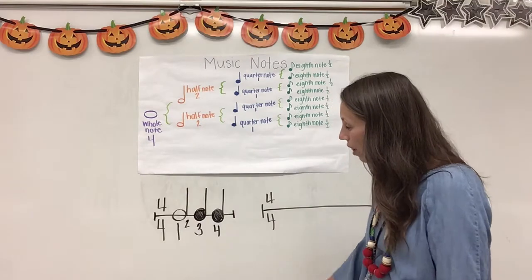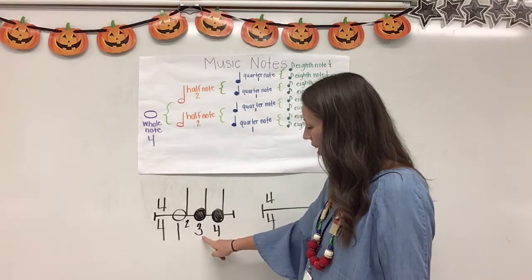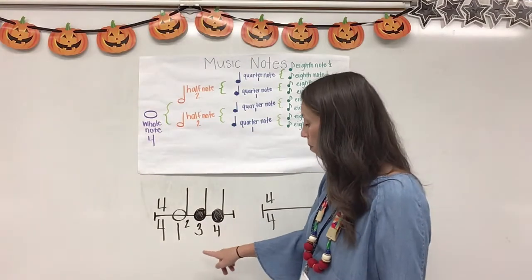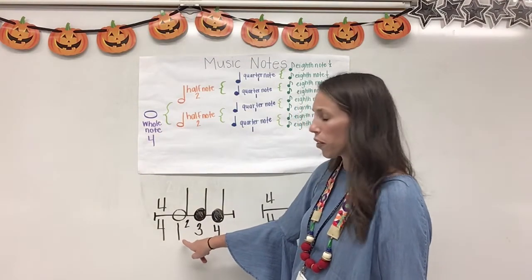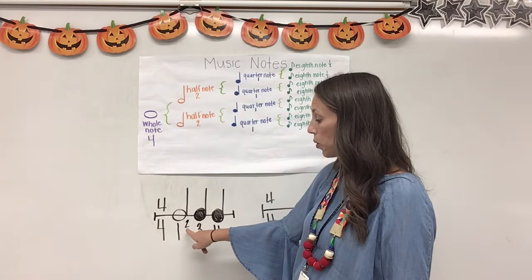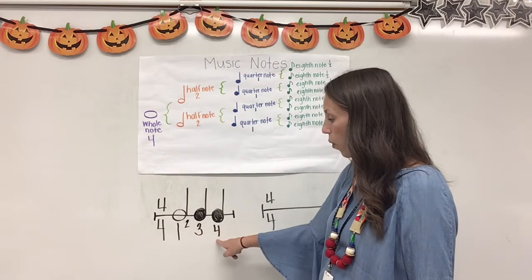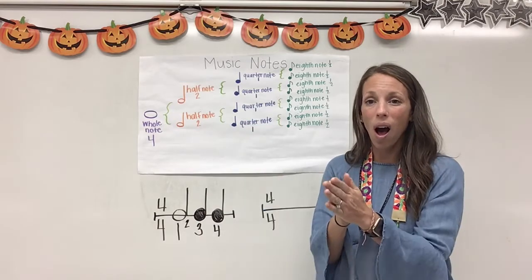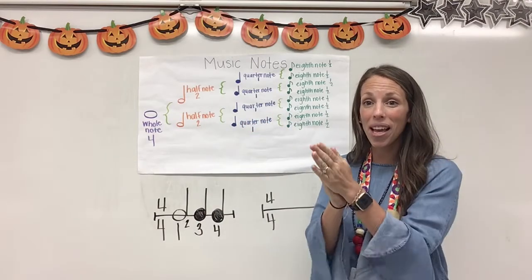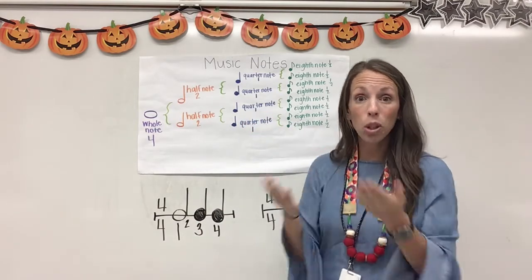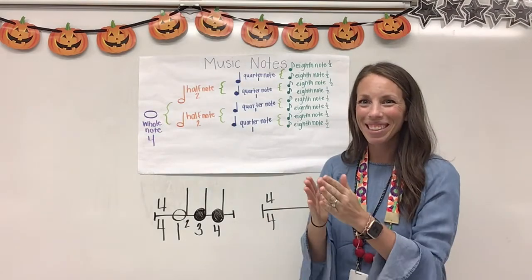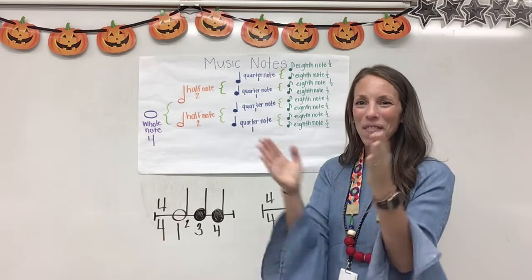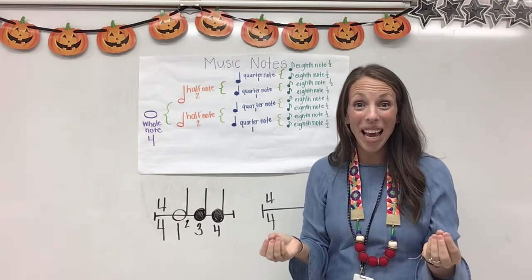So if we look at this and we want to play this rhythmic pattern, we are going to first play a half note, 1, 2, and then 3, 4. So it would look like this. 1, 2, 3, 4. Would you play that with me? 1, 2, 3, 4. Great job.